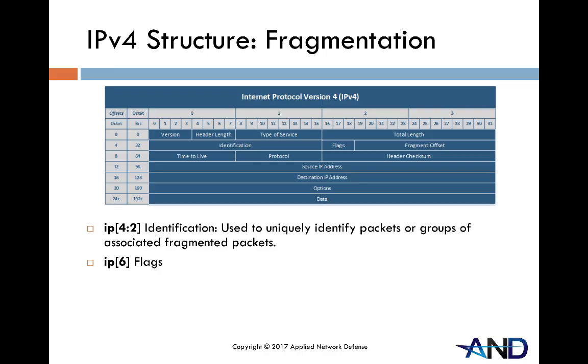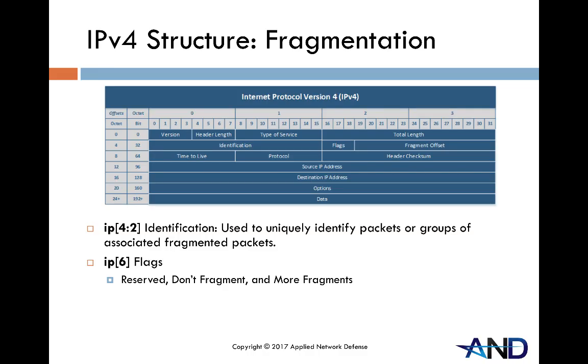Next, we have the flags field, which is at IP6, right after the identification field. It's only a 3-bit field, so we don't see a lot of those. We see a lot of 1-bit fields and 4-bit fields and 8-bit or 1-byte fields, but not a lot of 3-bit fields. That's exactly what the flags field is, and it contains 3 individual flags. One of those is the reserved flag, which was reserved for future use, which some custom protocols will use for various different things, but for the most part, it's unused.